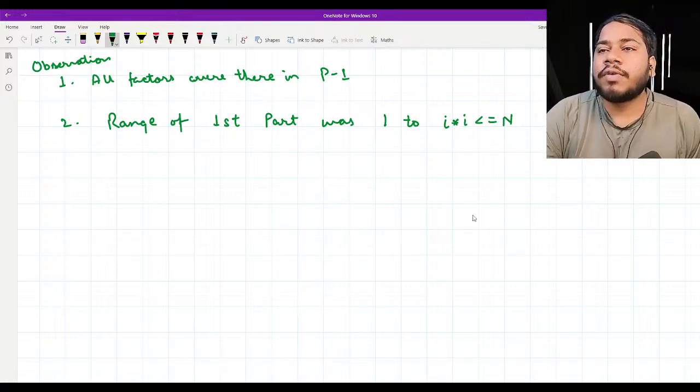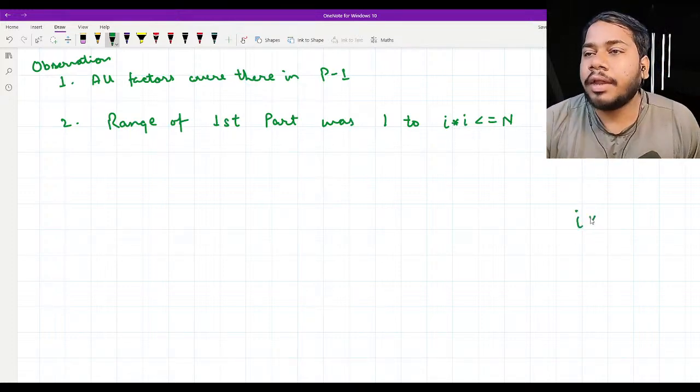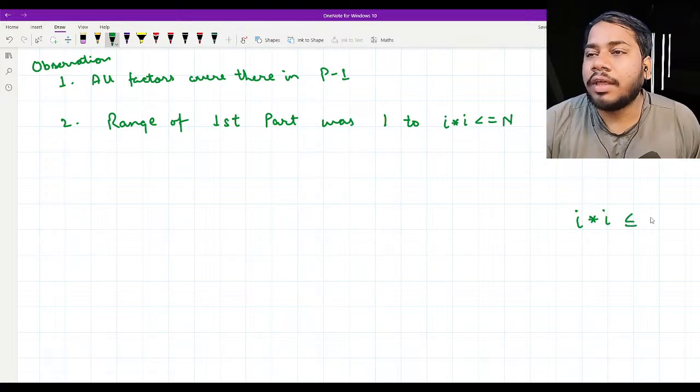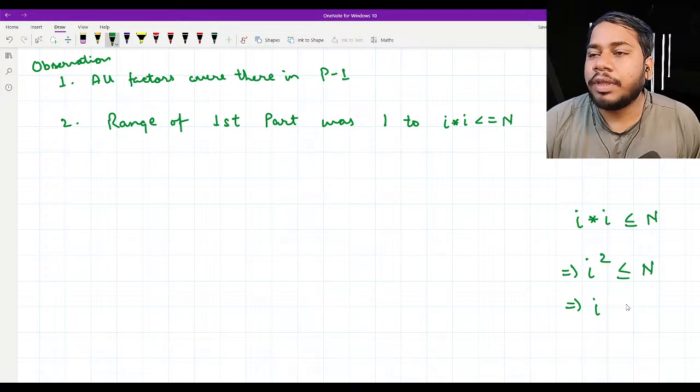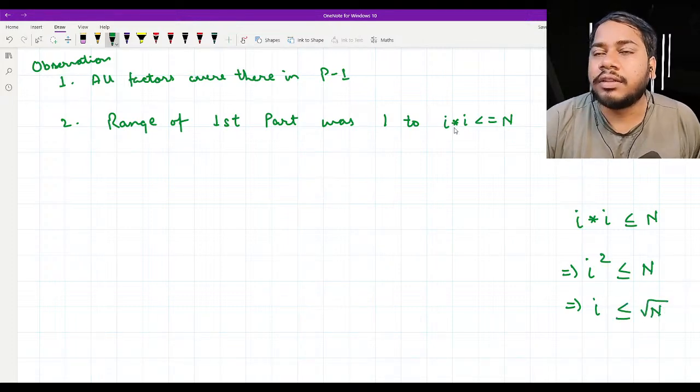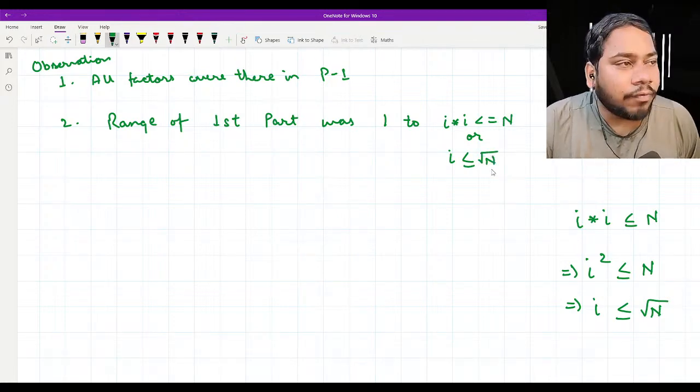Or what we can write, if we have I into I less than equal to n, that means I square should be less than equal to n. That means we can write I should be less than equal to root n. We can write this, or we can write I should be less than equal to root n. Anything will work.